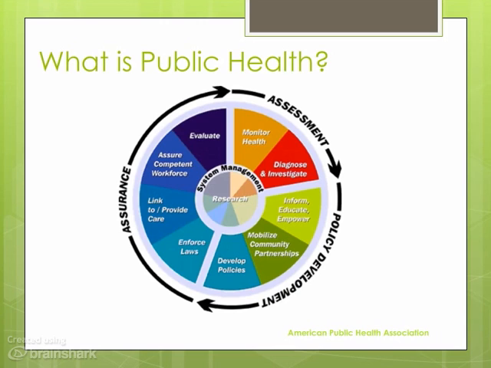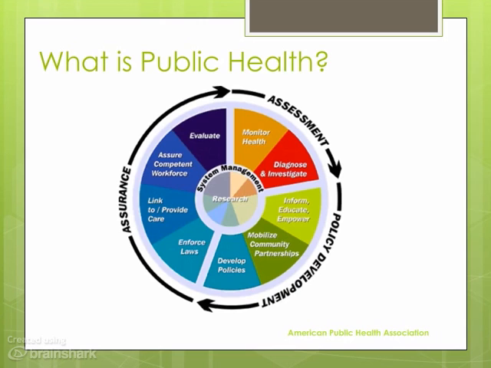And those 10 services start with monitoring the health status of the population as a whole to identify community health problems. For example, as chickenpox rates go up, you develop an intervention to hopefully get kids immunized. So monitoring that and responding is a big piece.